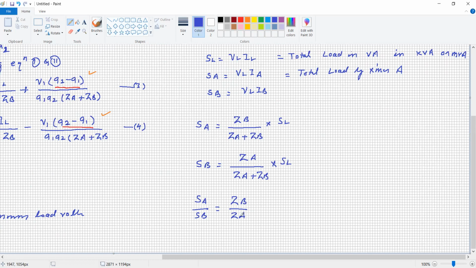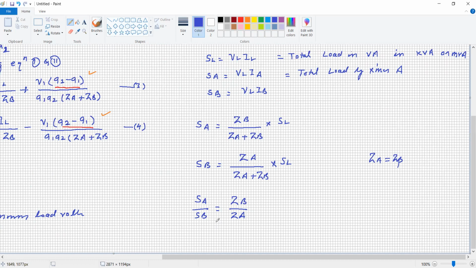Hence, to share load in proportion to their rating, the transformers should have ohmic impedances which are inversely proportional to their rating. Suppose ZA and ZB are the same. What will happen? The transformers are going to supply power as per their capacity.